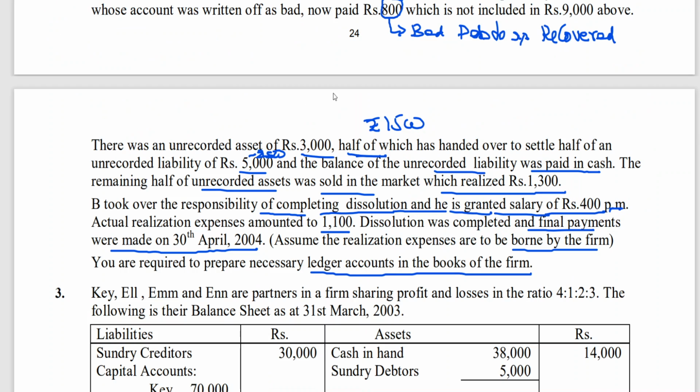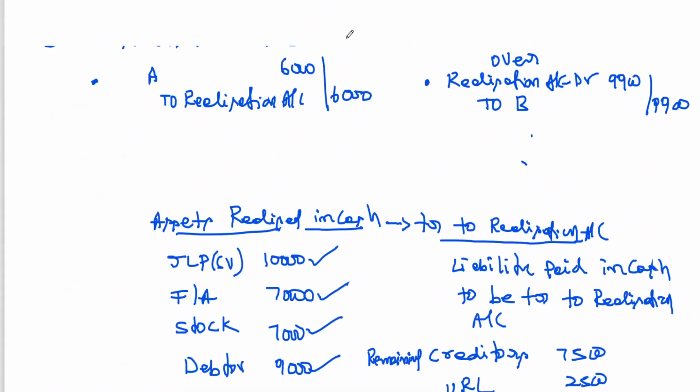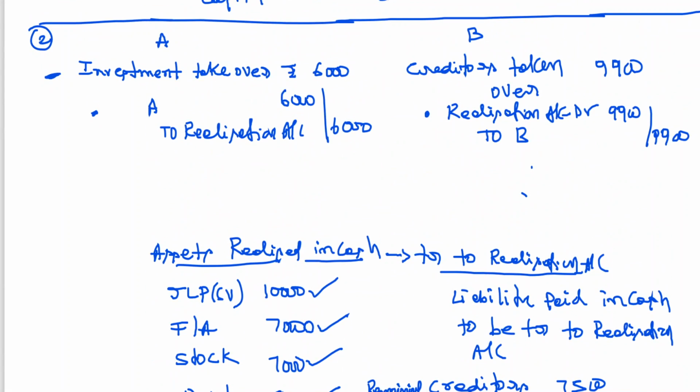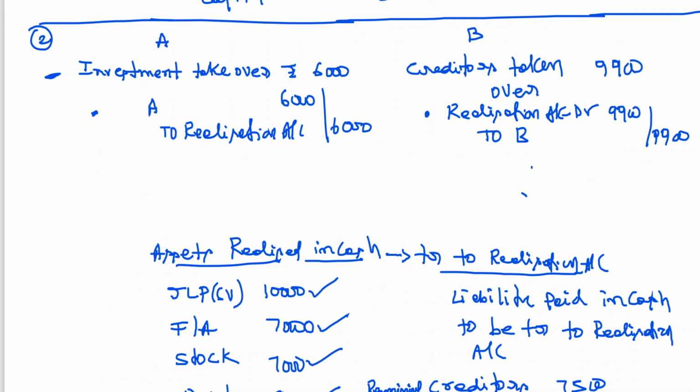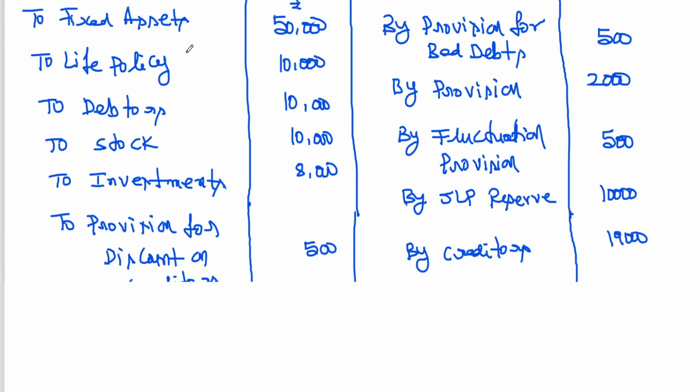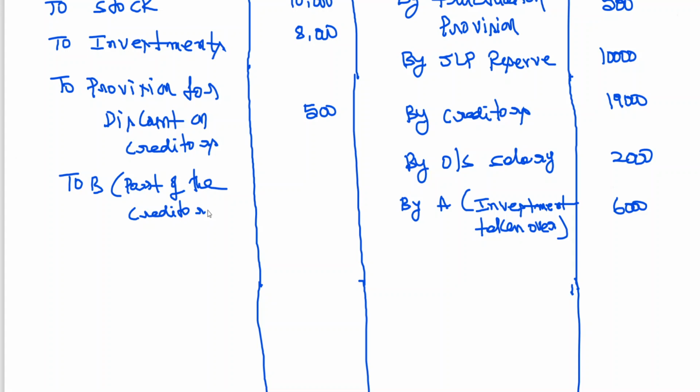Then B took over creditors. Here this entry is also written. B took over the creditors, realization to B, 9,900, part of the creditors taken over, 9,900.